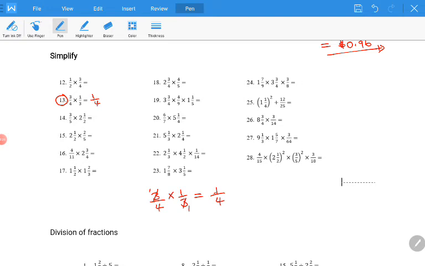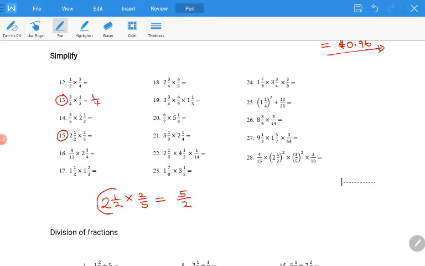And if we look at question 15, using a similar technique, but here we first need to convert the mixed number into an improper fraction. So it's saying 2.5 times 2/5. This is equals to 5/2.